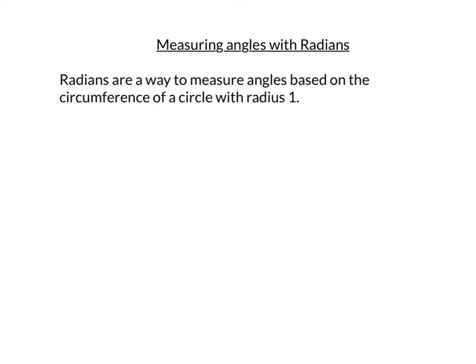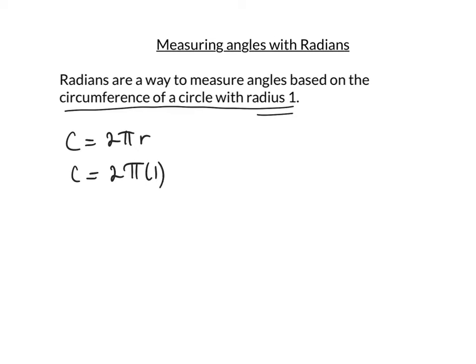Measuring angles with radians. Radians are a way to measure angles based on the circumference of a circle with radius 1. So remember that the circumference of a circle is 2 pi r, and in this case the circumference would be 2 pi times 1.